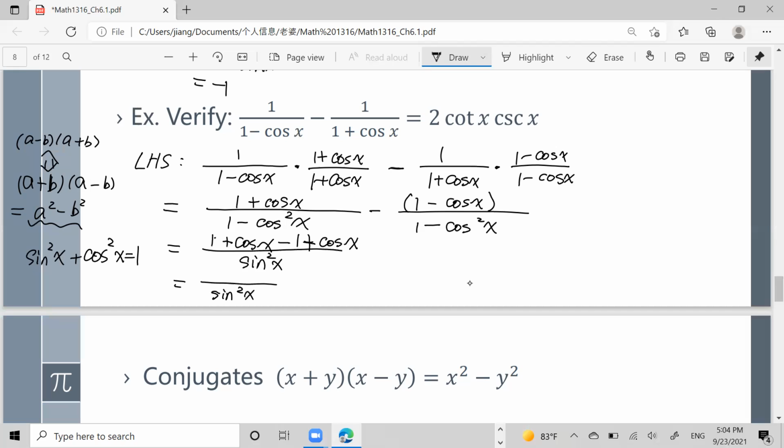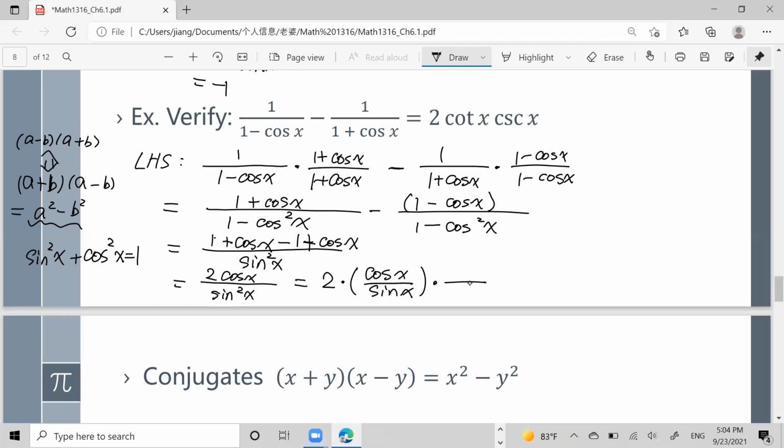And the top one, 1 and 1 cancel out. Cosine x plus cosine x is 2 times cosine x. And this one is 2 times, wow, we are getting closer. It's 2 here, cosine over sine x squared. So we have learned that cotangent is cosine over sine. So cosine x over sine x, and continue.